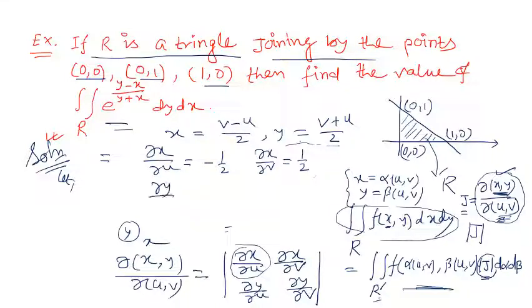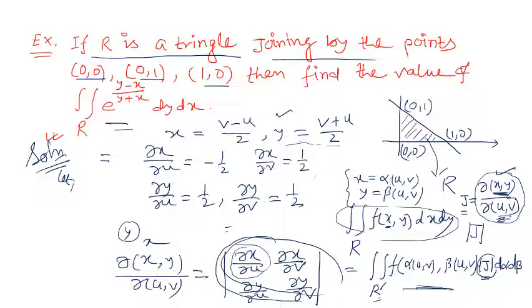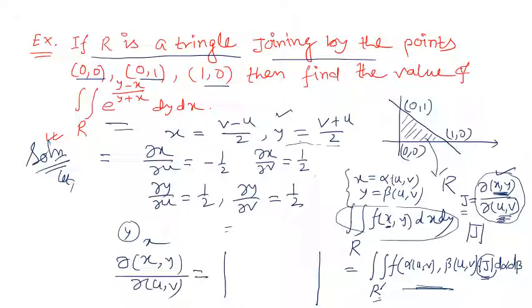Now ∂y/∂u. ∂y/∂u means half, and ∂y/∂v is also half. Now just putting the values in this expression, so here I am putting all the values, right?